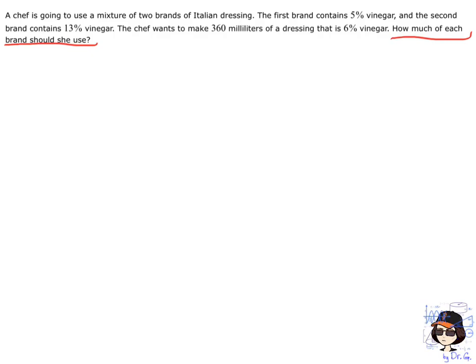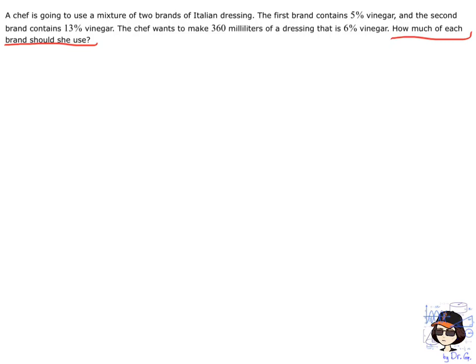So what does how much mean? Are they talking about how many bottles? Are they talking about a percentage? We have to think about that. If you read it again, it says that the chef wants to make 360 milliliters of a dressing in the end. She wants to end up with 360 milliliters.